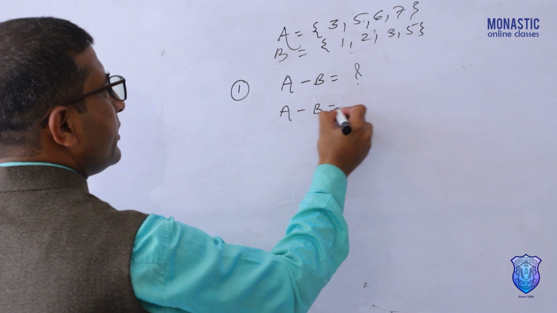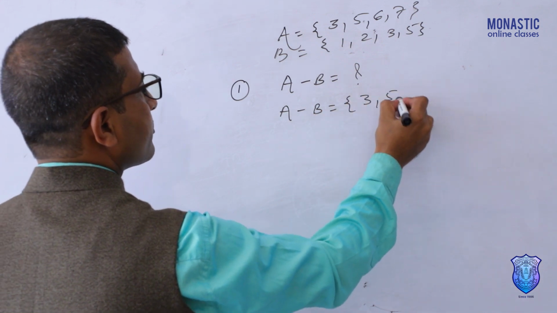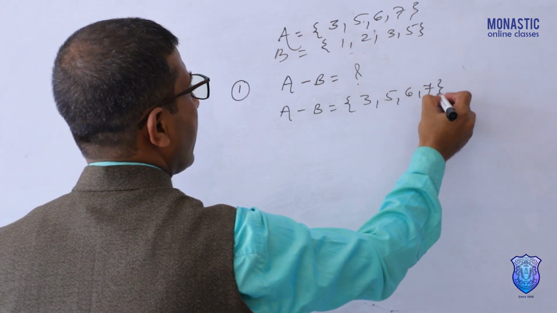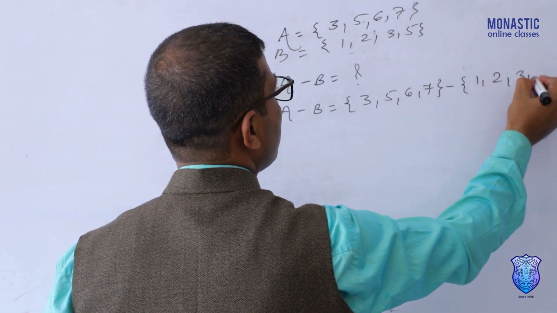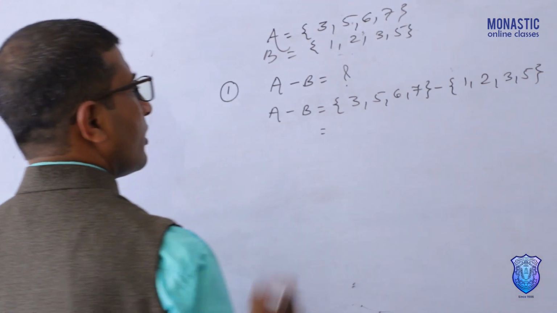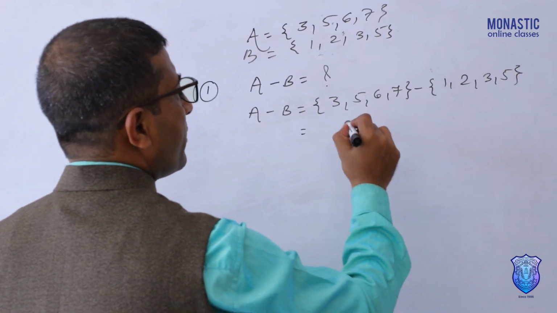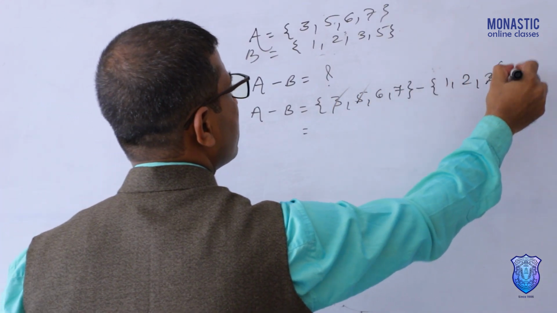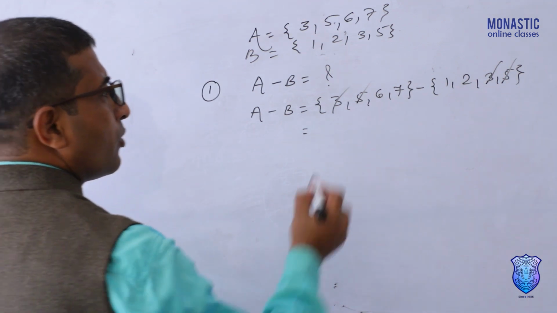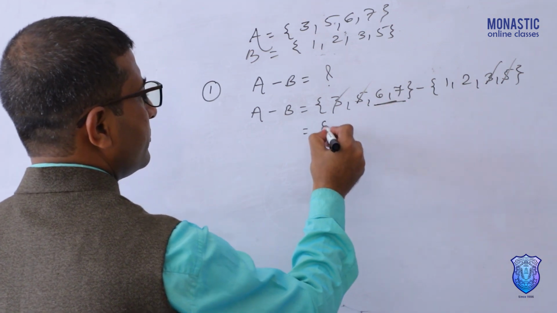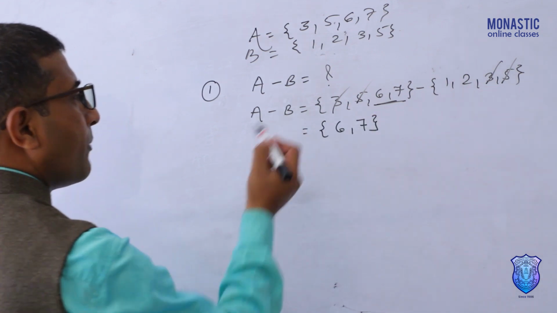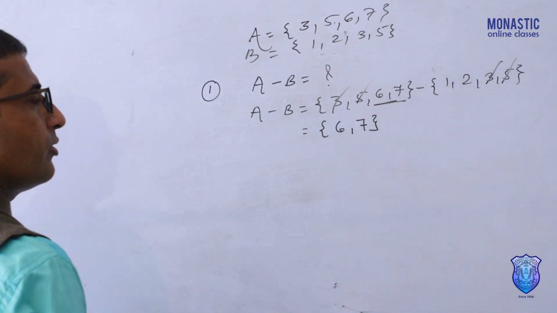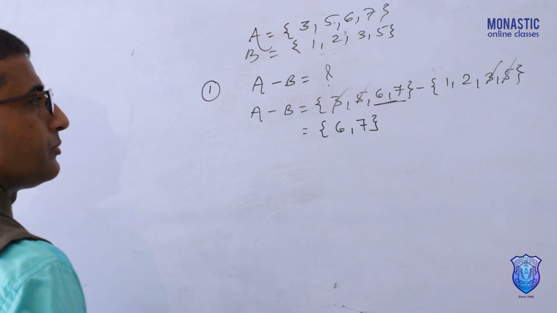A difference B means all the elements in set A which is not in B. So what are the common elements in these 2? What's the remaining elements here? That's the A minus B, or difference of A and B.